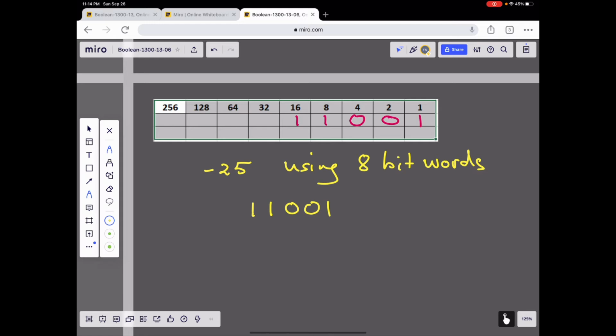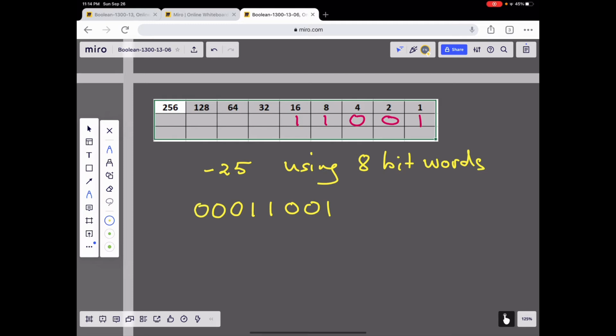In order to find the twos complement for the decimal number negative 25, first I have to make it into an 8-bit word. I have 5 bits, so you have to add 3 more 0s to make it 8.